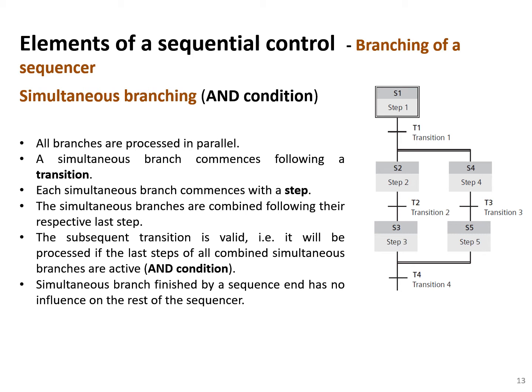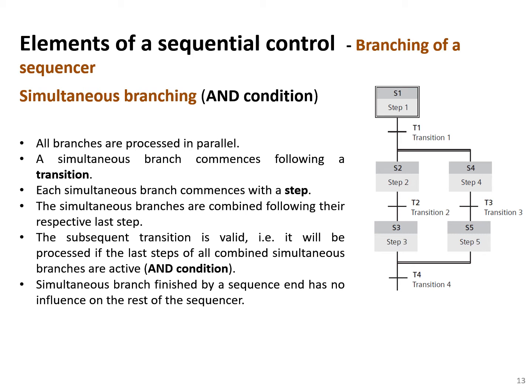All branches are processed in parallel. So once this transition is fulfilled and we can progress from this step to the next, then both of these branches will be executed at the same time.